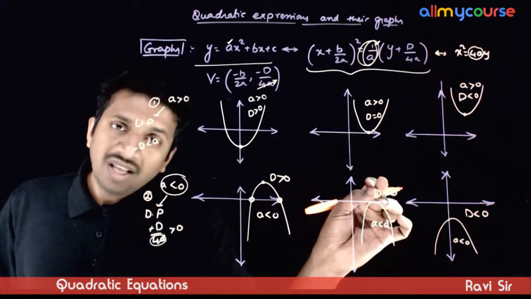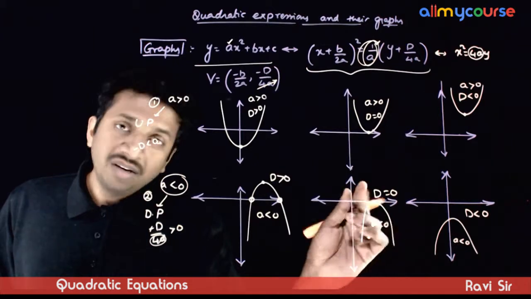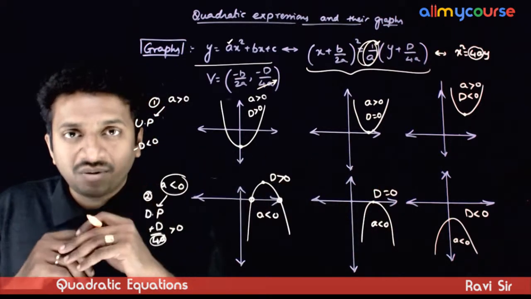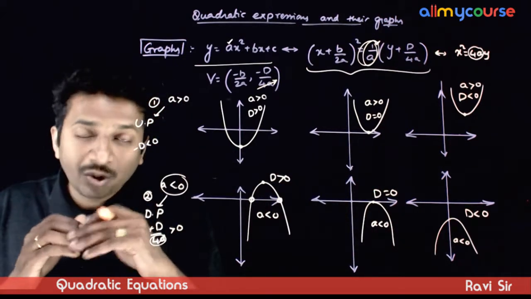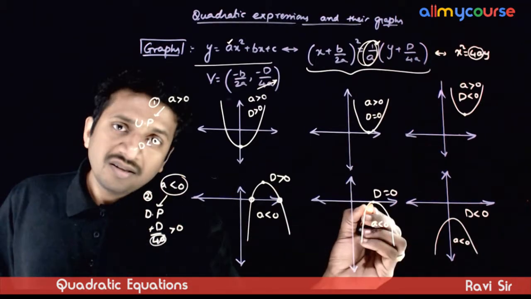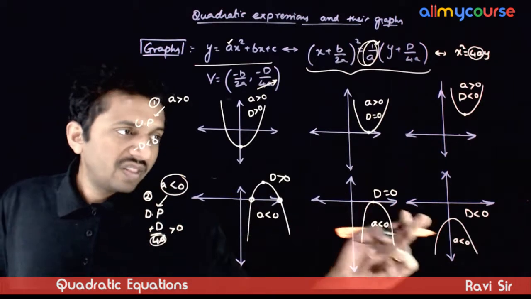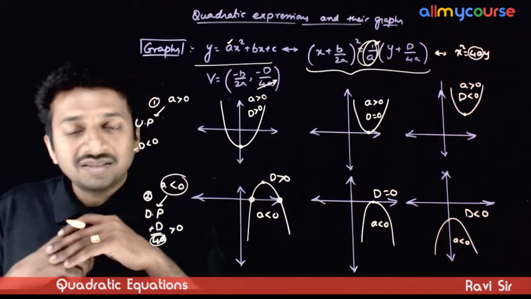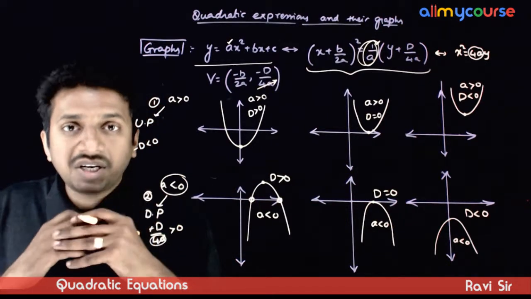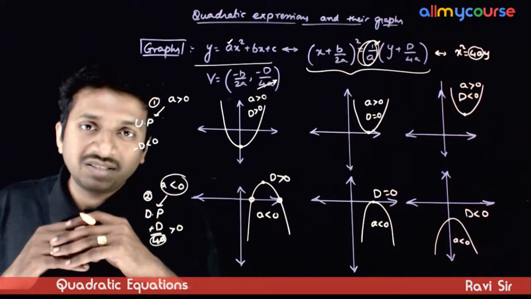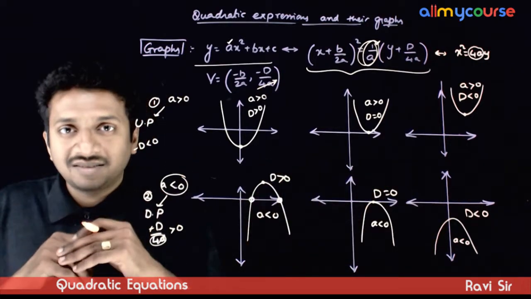A less than 0, d equal to 0: if d equal to 0, that means you have repeated roots. You have only one root, repeating two times. Hence, the graph will touch x-axis. If d is less than 0, that means the equation does not have real roots, so the graph should not cut x-axis.